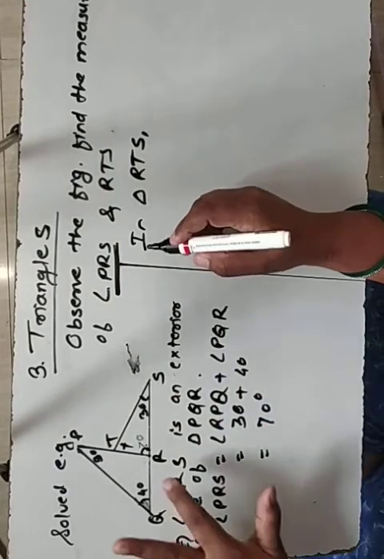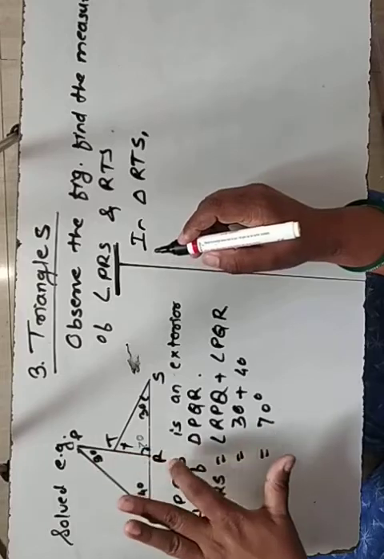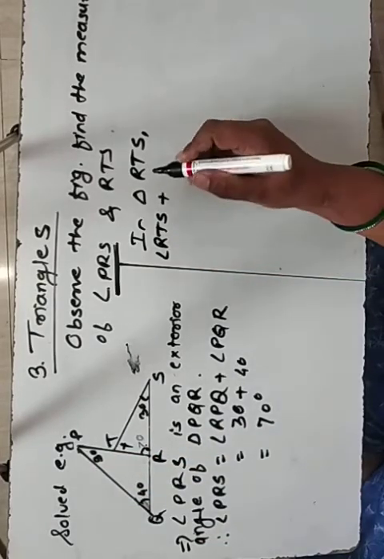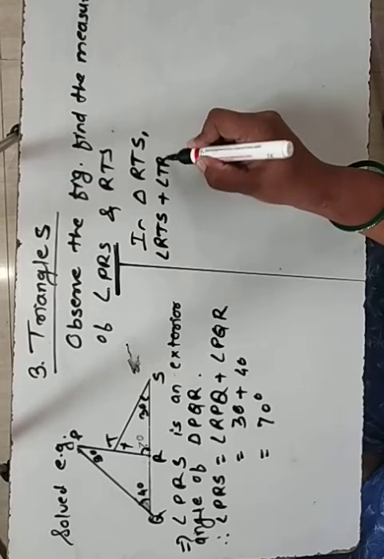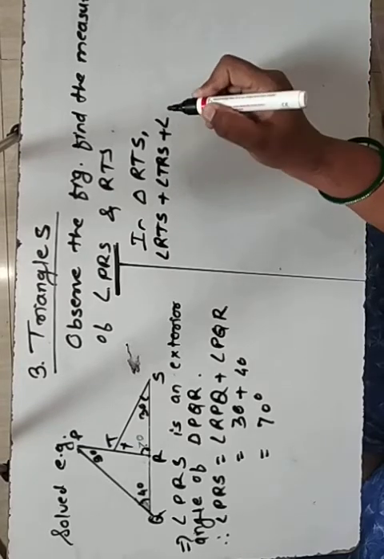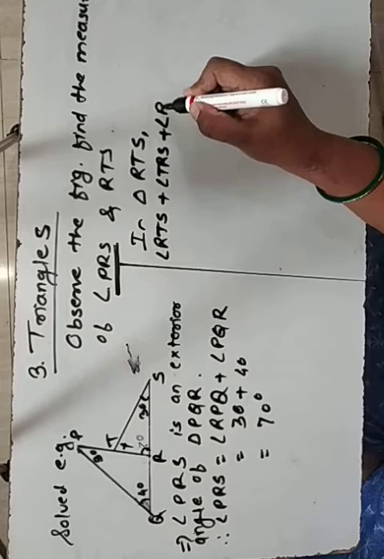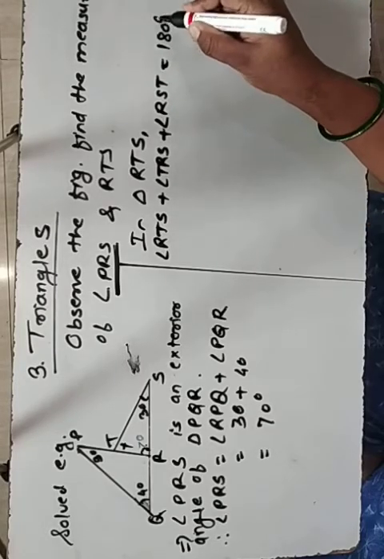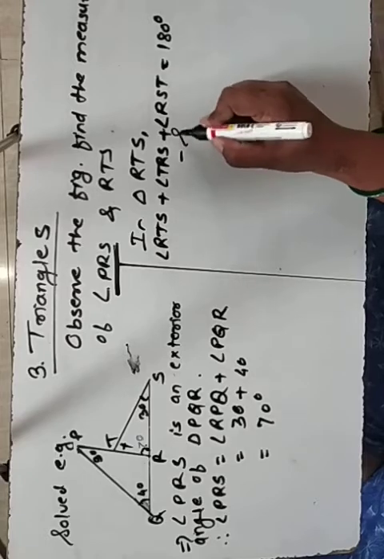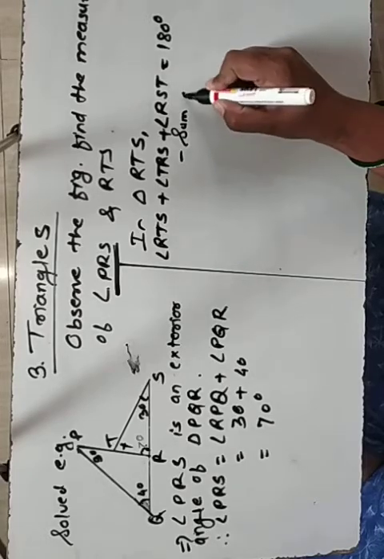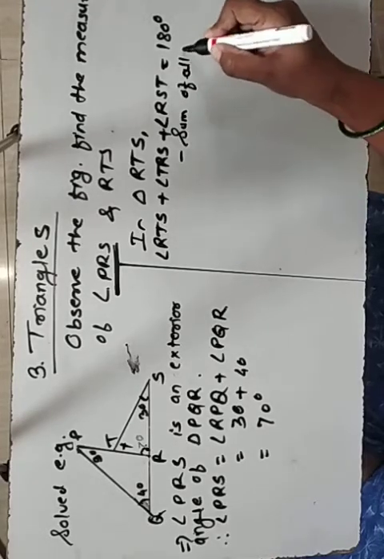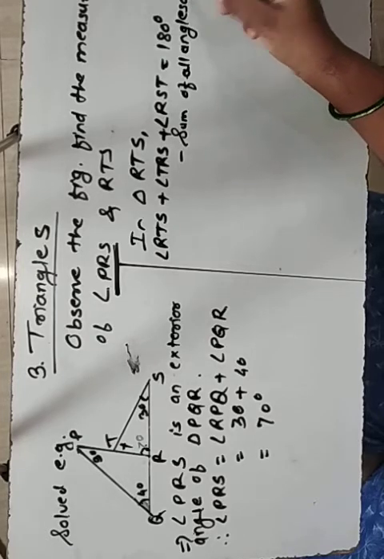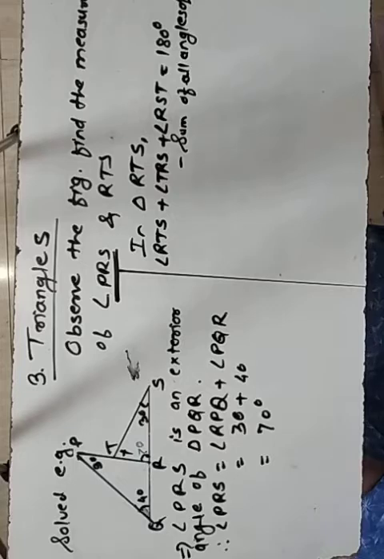So angle RTS plus angle TRS plus angle RST is equal to 180 degrees, and that is the reason: the sum of all angles of a triangle.